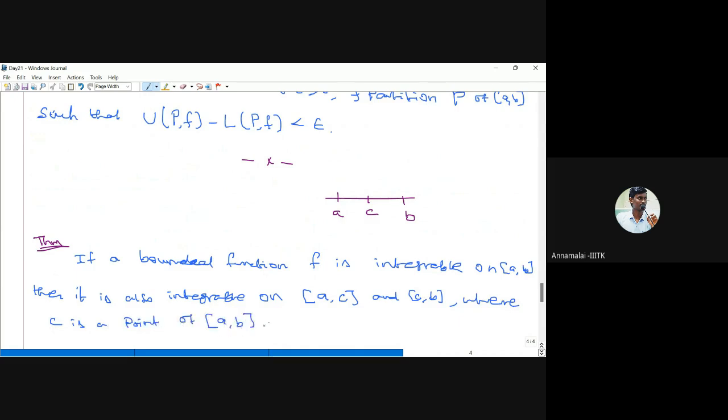Suppose a function defined on the big interval is integrable, then it's also integrable on the smaller interval. That is the first property.